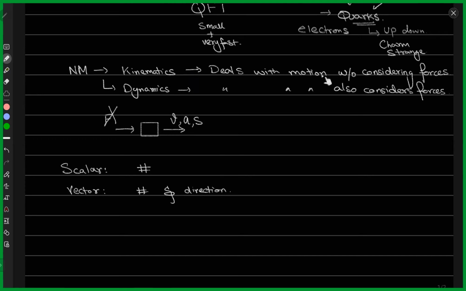Kinematics deals with motion without any reference to the forces that produced the motion, while dynamics deals with the forces as well. Now, very quickly, we know what scalars are. Scalars are any type of quantity which just need a number to completely specify that quantity, while for a vector, you need a number and a direction as well to completely specify the quantity.